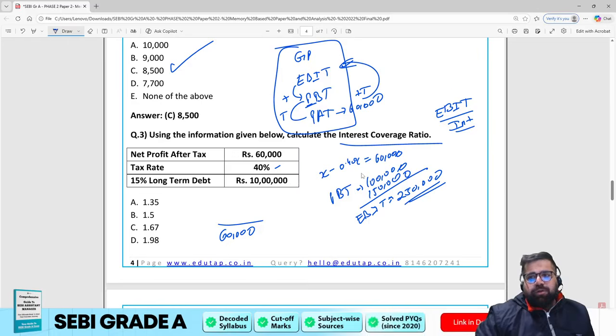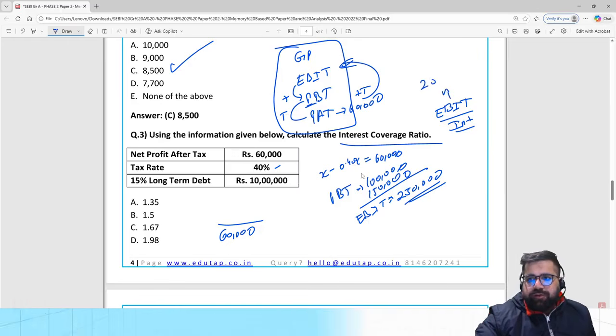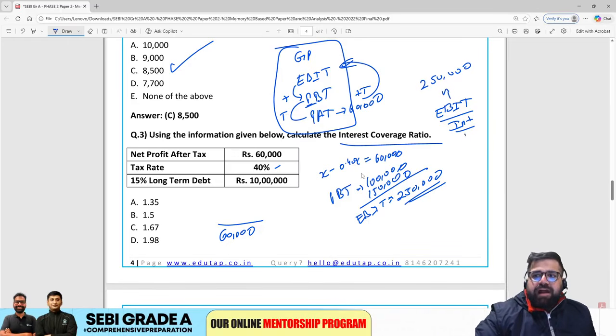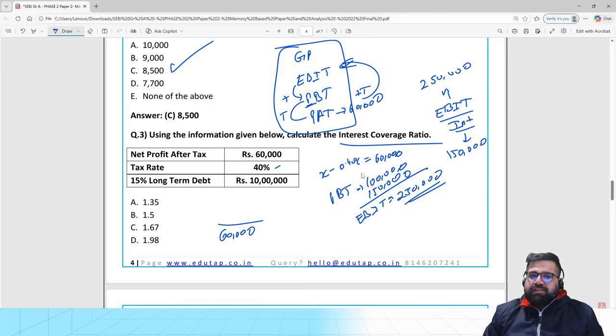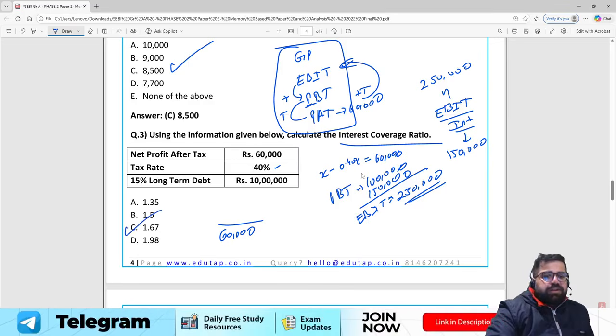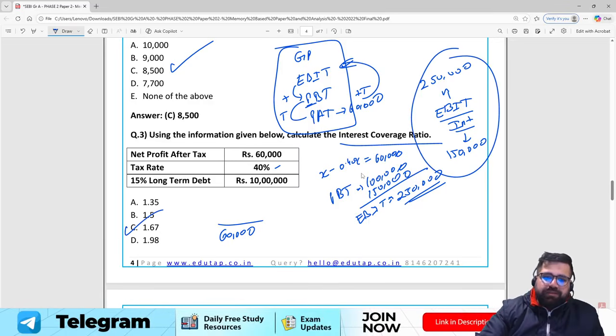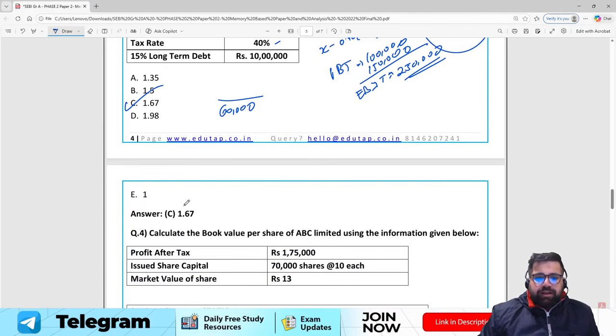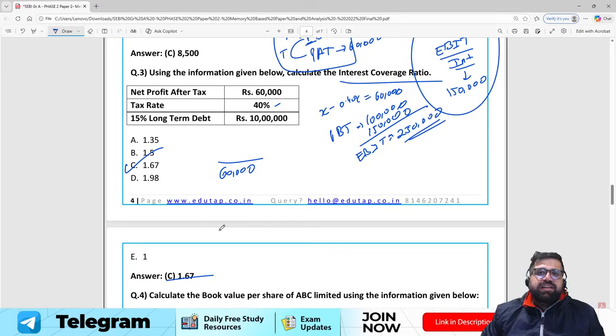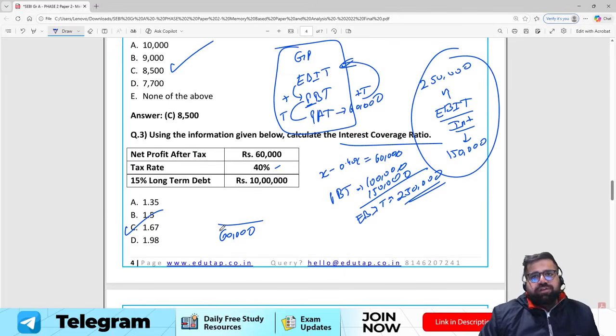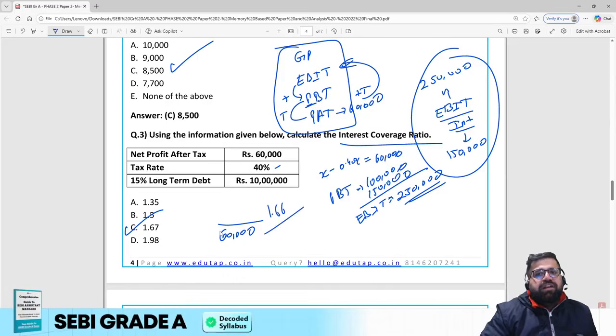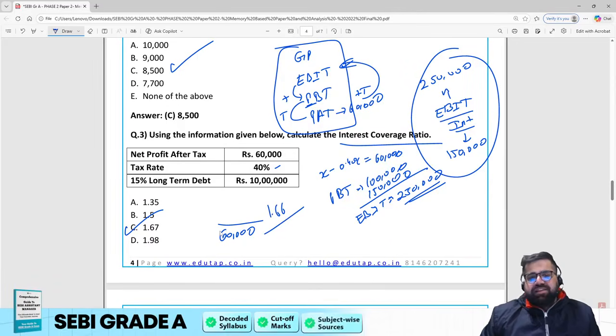Now, simply you have the numerator 2,50,000 divided by the interest obligation, which came out as 1,50,000. So solve this and your answer will come out as option number C. I have not solved this, but I am seeing the answer given in the PDF itself. It's 1.67. So if you solve, you will also get a similar answer. It will be 1.66 something, so you can round it off to 1.67. Cool.